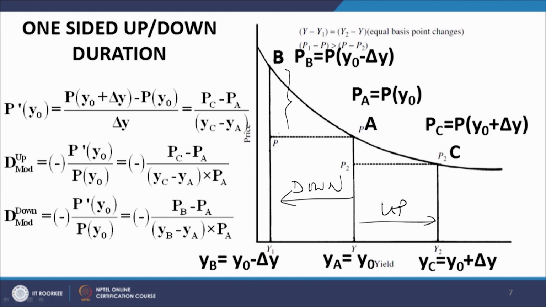That is, if there is an increase in YTM by delta y, the change in price is less than a decrease in YTM by delta y, where the change in price is relatively more. This is the nature of a convex curve.